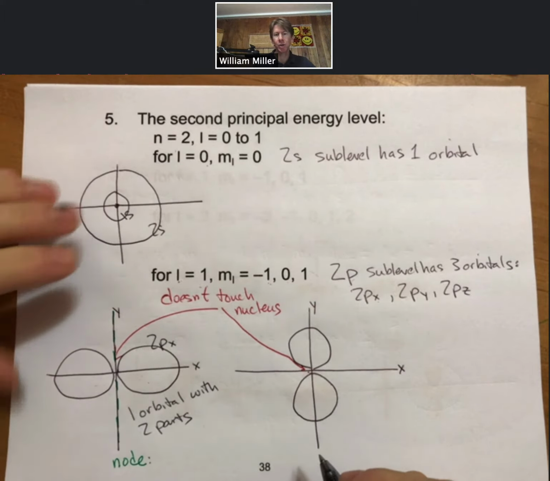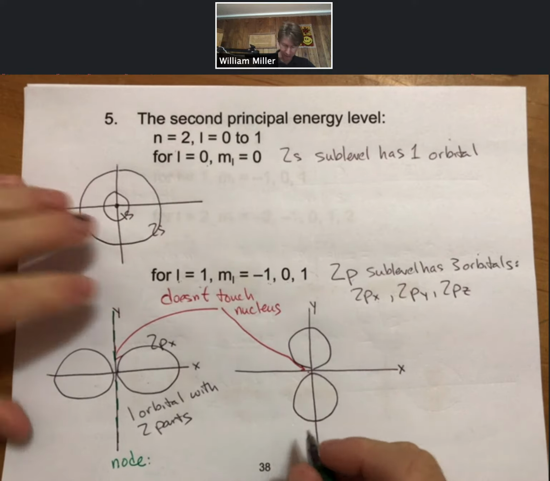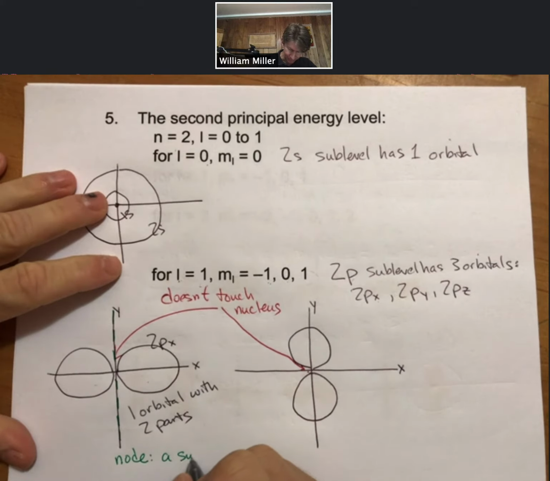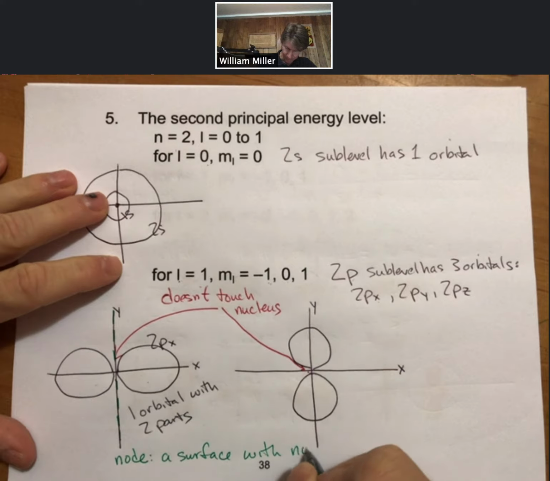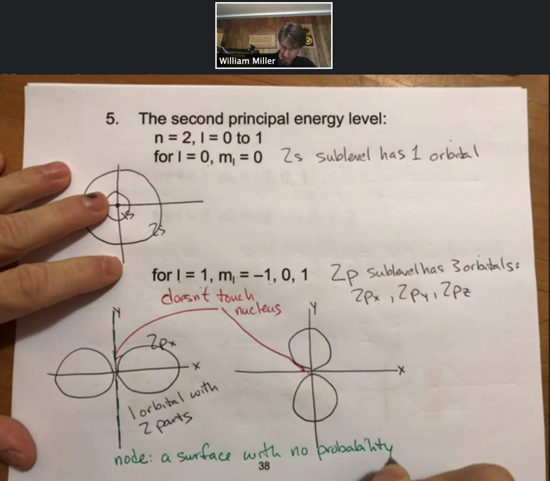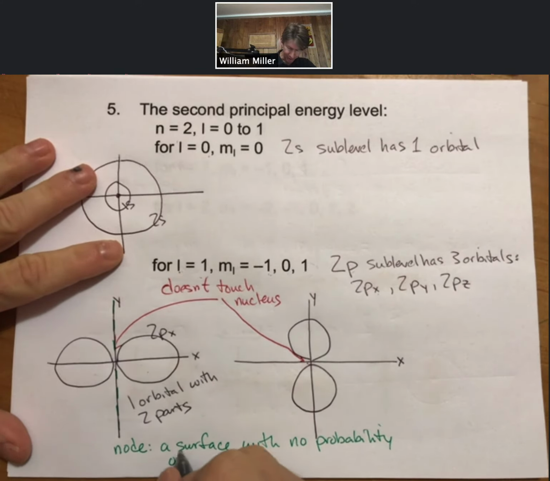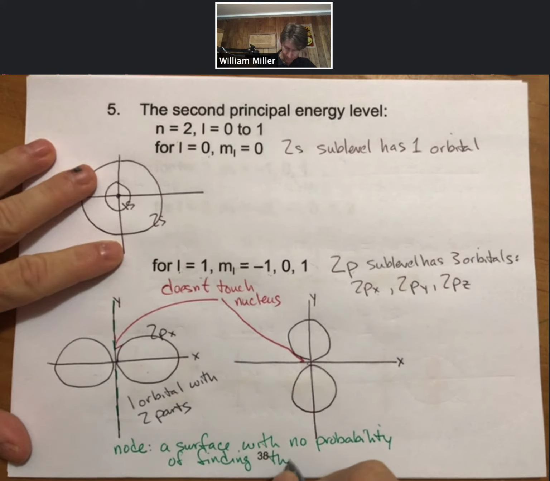And a node is a surface with no probability of finding the electron.